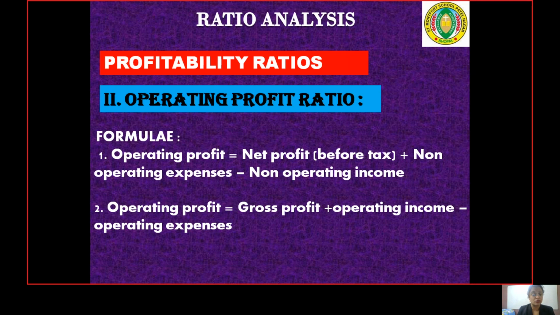Non-operating income stands for interest on investment, and non-operating expenses stand for what? Interest paid on debentures and all other such things. So I hope the operating profit ratio is clear to you, and the way to calculate the operating profit is also clear.